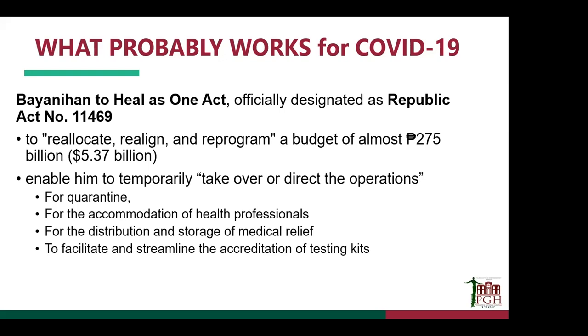Other things that work, there's a policy that came out. It's a law, Republic Act number 11469, that allowed government to relocate, realign, and reprogram the budget. And that seems to also help significantly facilitate movement of funds to enable operations to be facilitated and respond well to the COVID-19 needs.